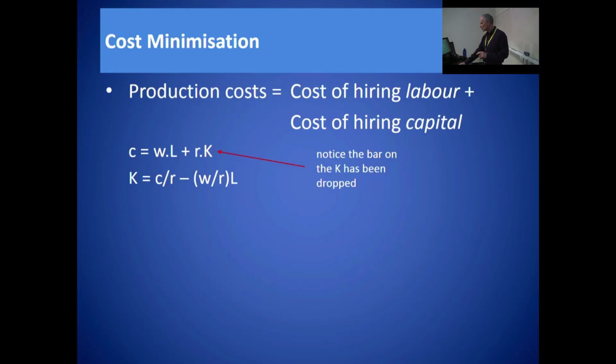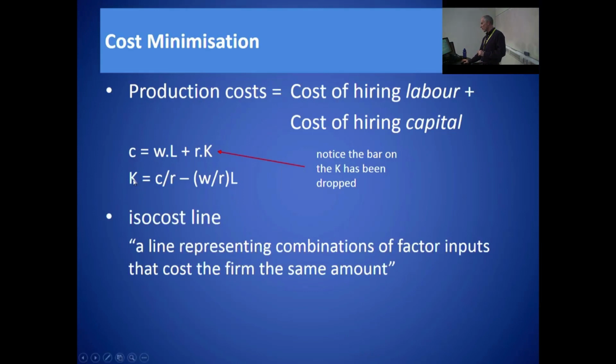But that relationship between K and L, that expression that I've derived there, just from that very simple idea here, is an ISO cost line. So we've seen ISO quants. 30 minutes ago, we saw ISO profit. Now what we've got is an ISO cost line.